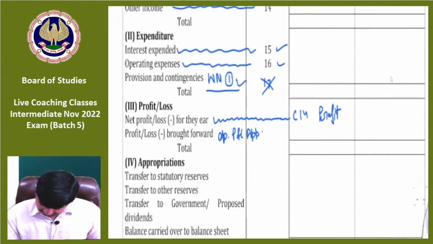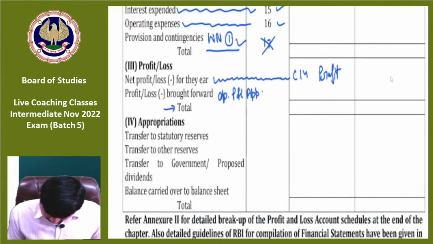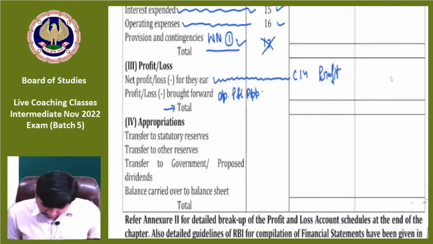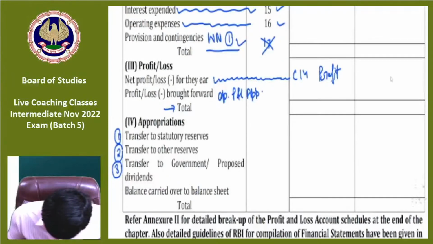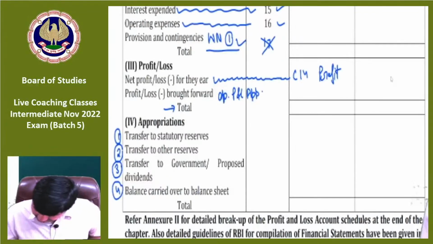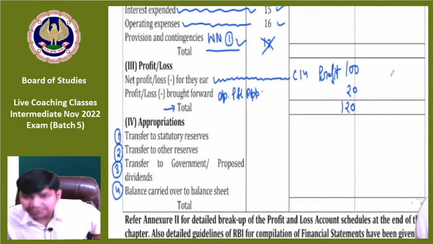See, this total profit is divided into 4 parts. These 4 parts, 1, 2, 3, and then 4. It means if suppose this is 100 and this was 20, then it means 120 crores.